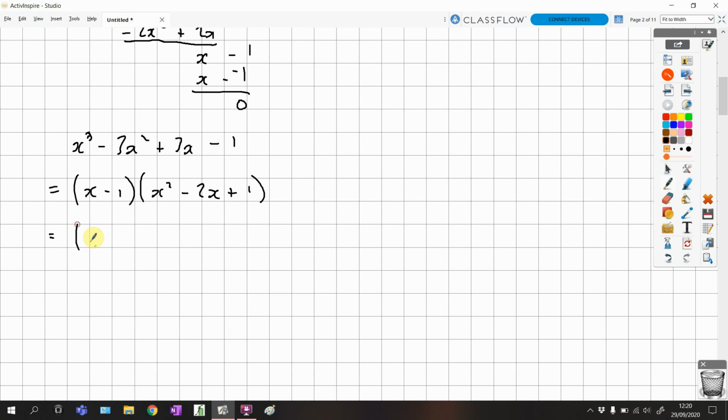Can we factorise that quadratic? Yes, we can. X times x, 1 times 1, negative 1 times negative 1 makes the positive 1, but also provides me with that negative 2x. And so that cubic, which looked so complicated, is actually best written like that.